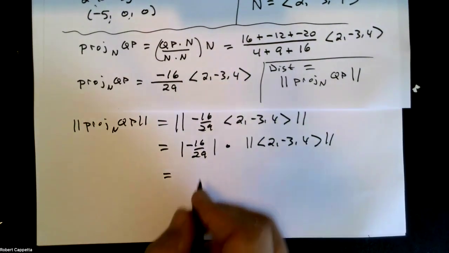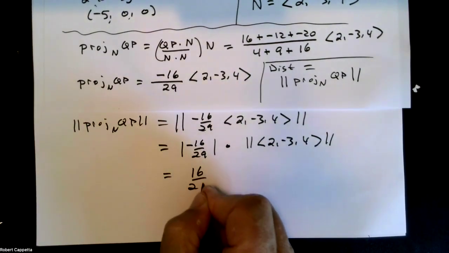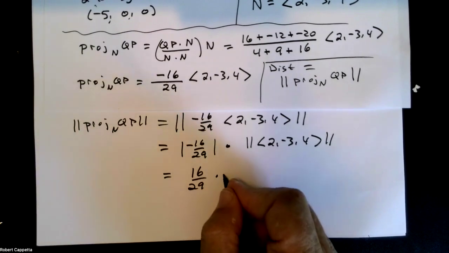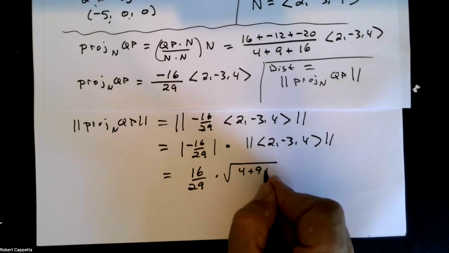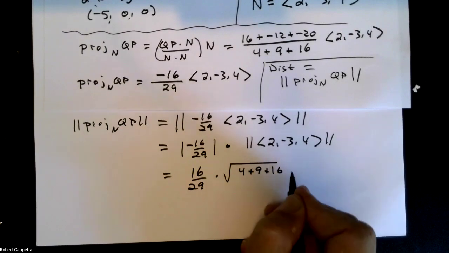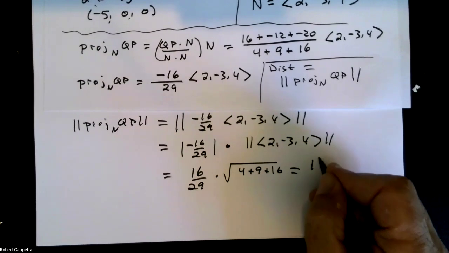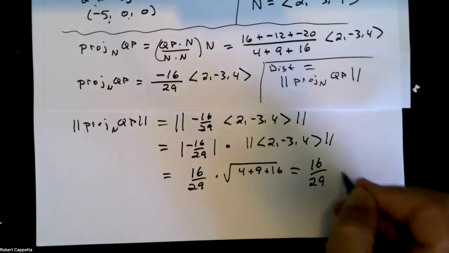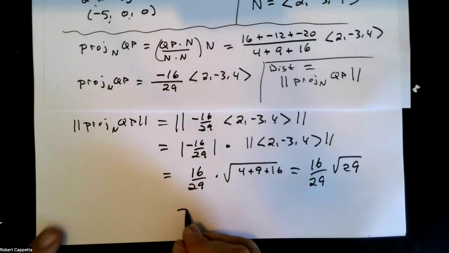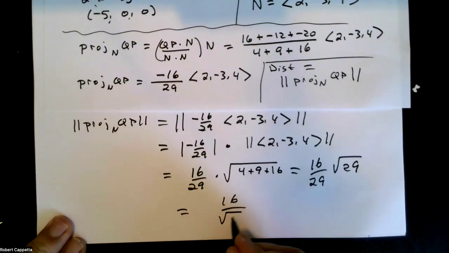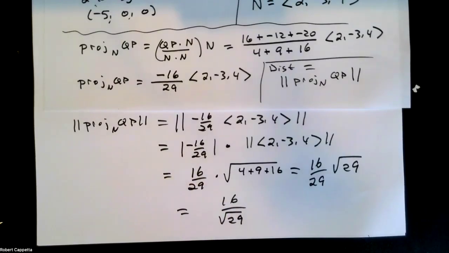So what do we get? We get 16 over 29 times the square root of what? 2 times 2 is 4. Negative 3 times negative 3 is 9. 4 times 4 is 16. So I get 16 over 29 times the square root of 29, or if you like, we can go ahead and say simply 16 divided by the square root of 29. And that indeed will be the distance from the point to the plane.